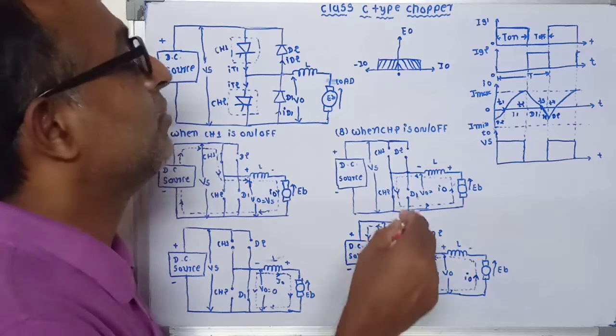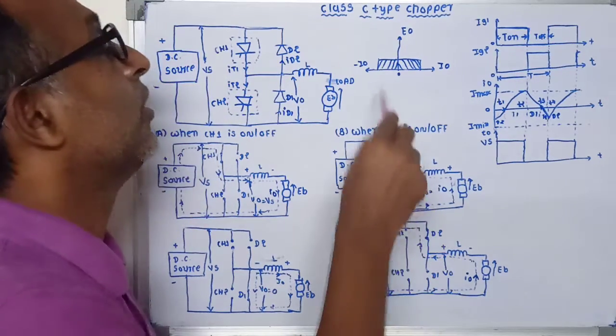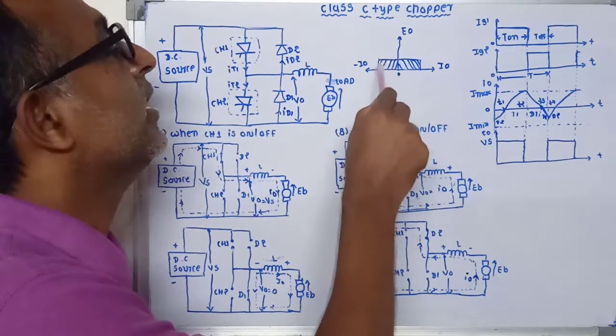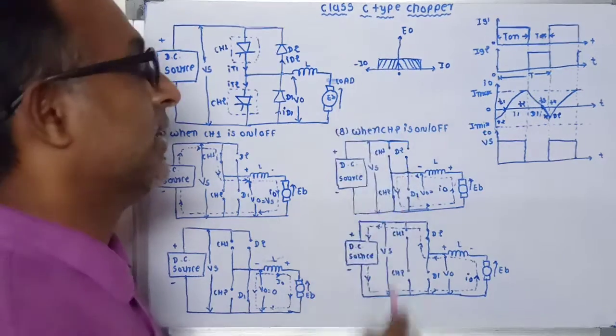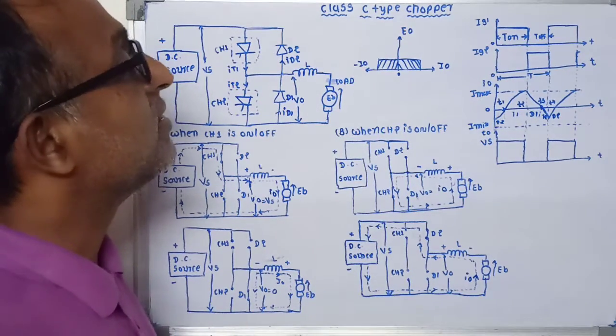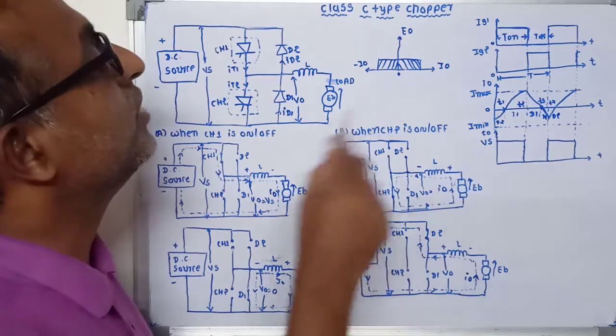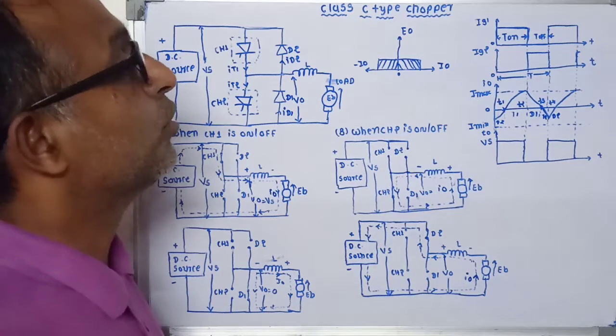That means the chopper operates in the second quadrant. This is the basic working of this C type chopper, which is most important.